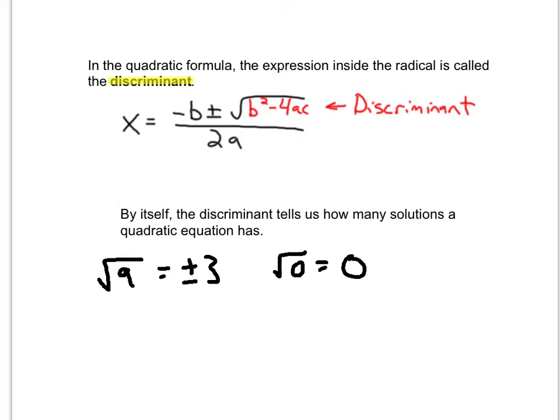So there's only one answer. And then if I asked you what the square root of a negative number was, we talked about that as no solution. There's no real answer.